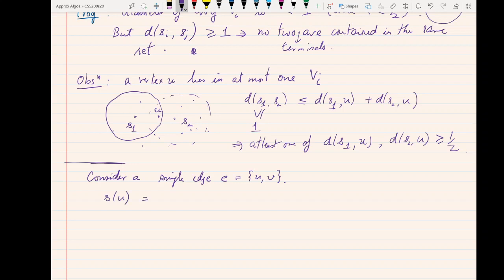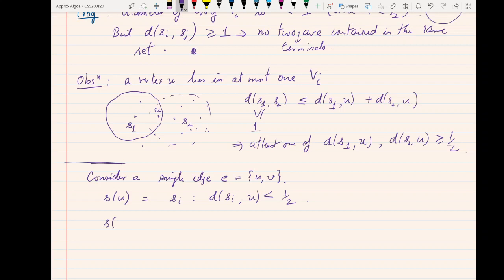S of U is that particular SI such that d of Si comma u is less than half.